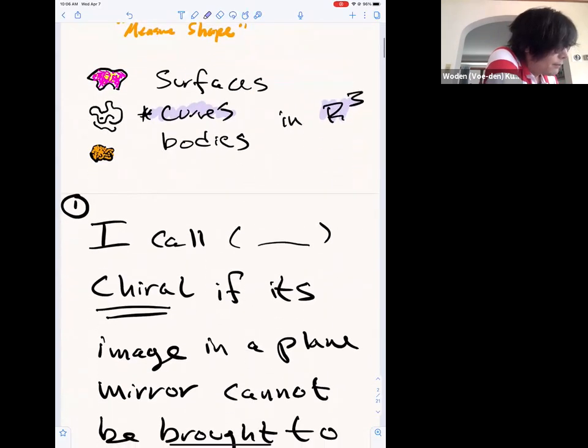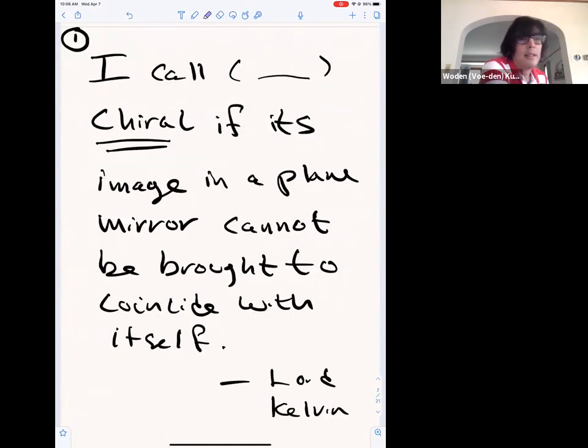So I want to begin with this notion from Lord Kelvin. This is my active learning part of the lecture or something. So this idea of chirality, which you might imagine will be key, was known to the chemists in the 1800s.